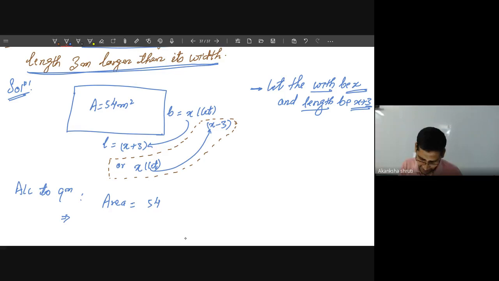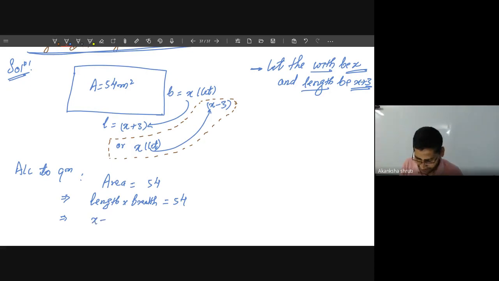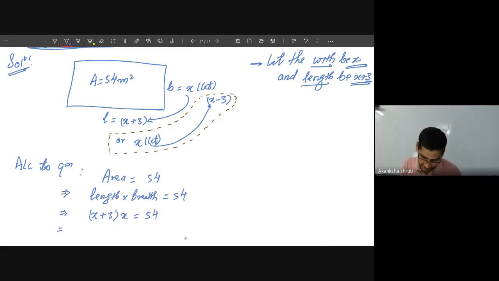What does it mean? Length into width, or breadth, is equal to 54. Now this is our x plus 3 into x is equal to 54. Student, you just have to solve it, you will get the answer.